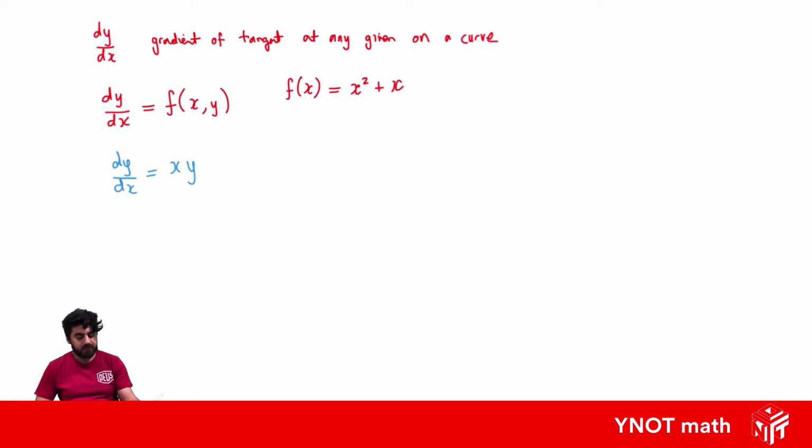Now, to come up with a directional field, we need to look at multiple values of x and y and what the gradient would be for those values. So we're going to create a table where we have values of x that go across and values of y that go down, and then they give us our outputted values given x and y.